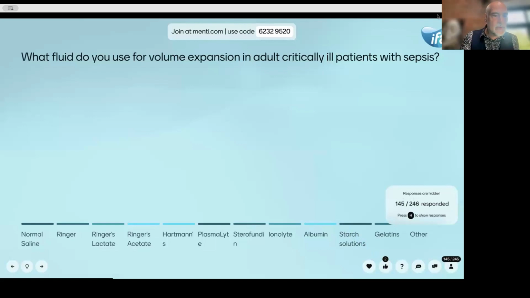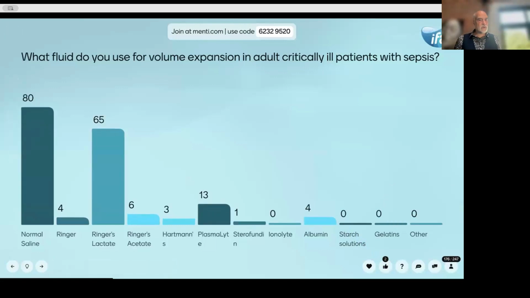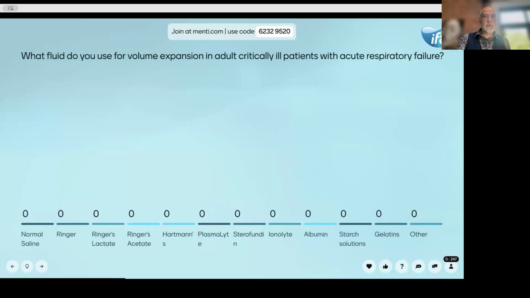I'm going to reveal the results. Okay, so it's about the same, I would say. I notice a little bit more Plasma-Lyte here, but still about 50-50 saline versus balanced solutions, and a little bit of albumin. Move on to the next question.